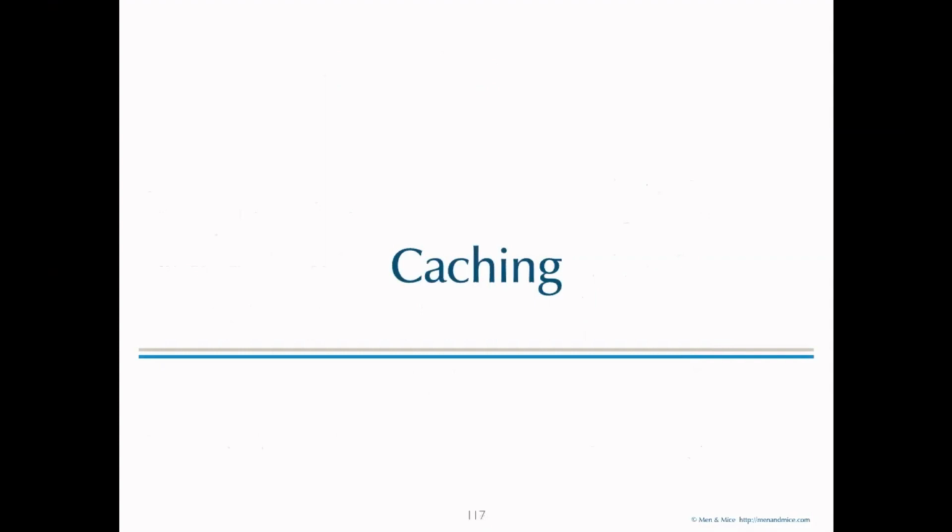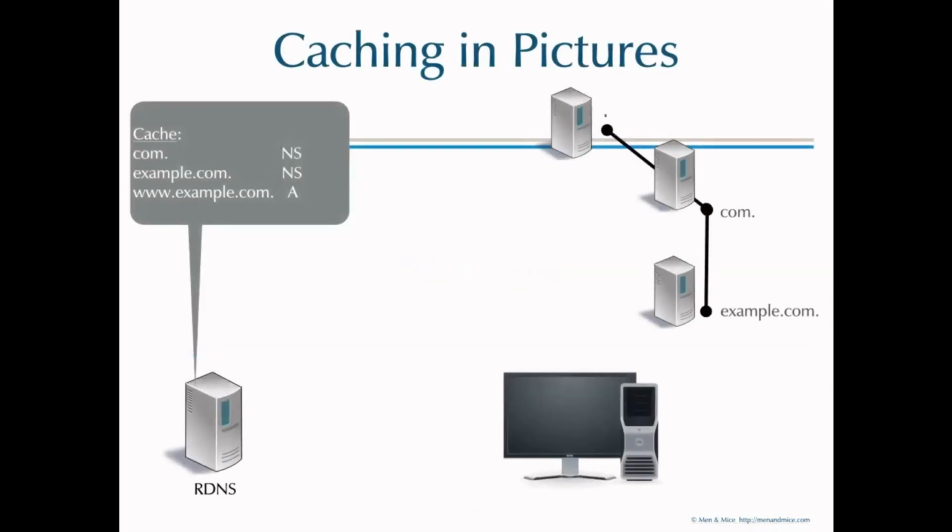Okay. Second little piece of this, tying it all together, caching. So continuing right along where we were, the RDNS server has NS records for the com, NS records for the example.com zone, and has the actual A records for www.example.com.